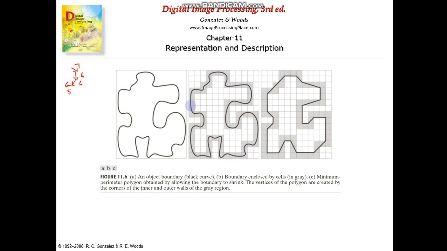If we imagine that this is a pipe and this boundary acts like a rubber band, allow the rubber band to shrink according to the shape of this pipe. This gray grid is a pipe now. What is the shape? Here is the resultant shape.